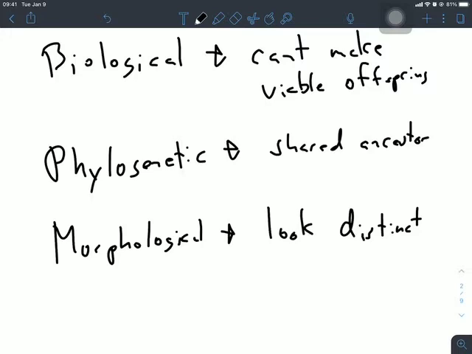Their leaf shape needs to look different and be derived from differences genetically. Maybe they can make babies, maybe they can't. Maybe they do group into one shared common ancestor, maybe they don't. But by the morphological species concept, we can differentiate species based on whether they look different.